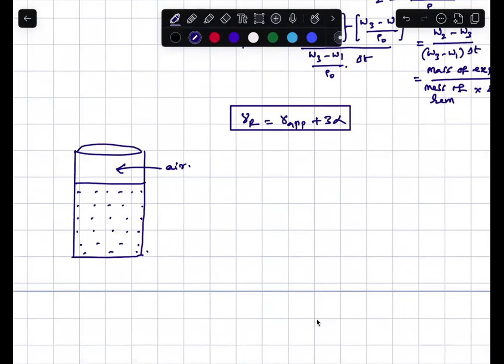Can you give me any condition that reflects this? Question is, I am heating this container. While I am heating the container, I will be heating both the container and the liquid in it. In the process of heating, to maintain that volume constant, what is the condition?